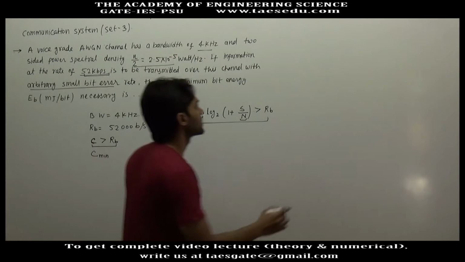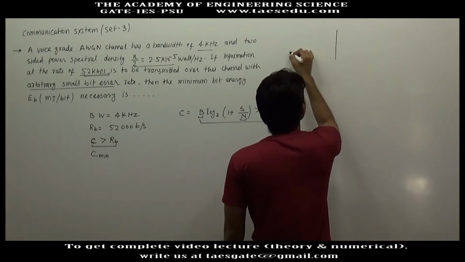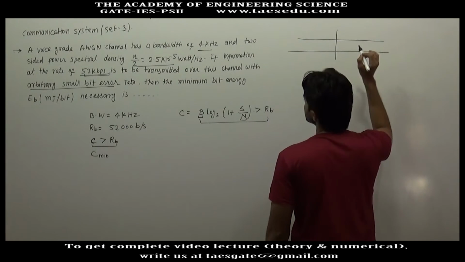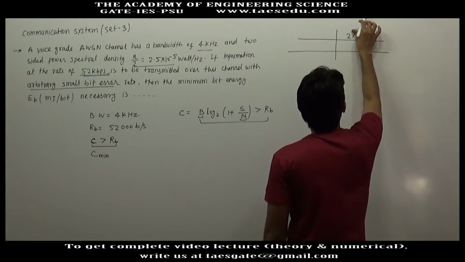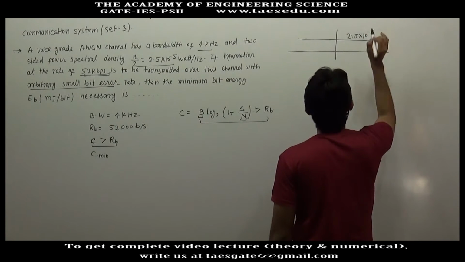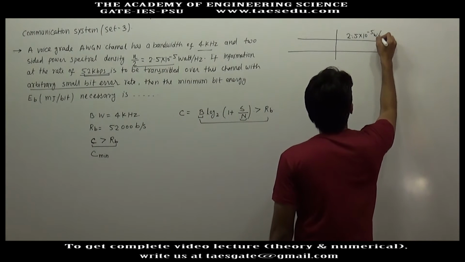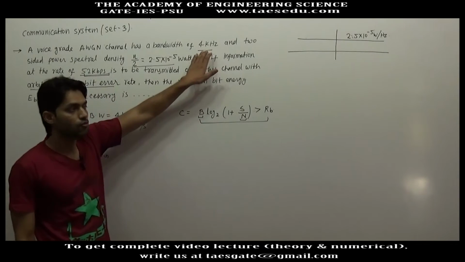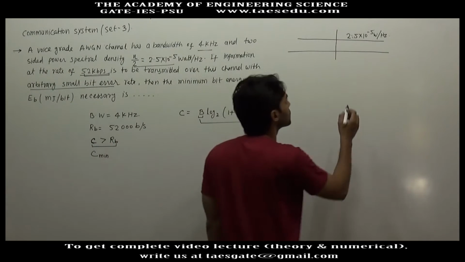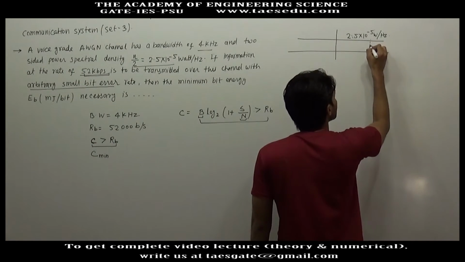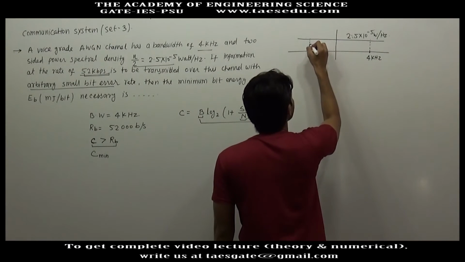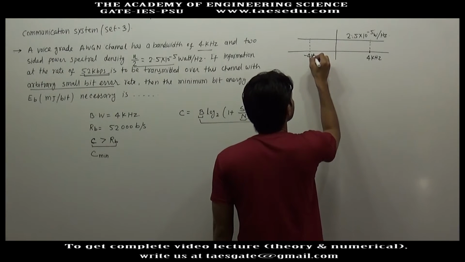The noise power spectral density, the two-sided power spectral density, is given as 2.5 into 10 to power minus 5 watt per hertz, and the bandwidth is 4 kilohertz only. So this will be truncated at 4 kilohertz and minus 4 kilohertz.